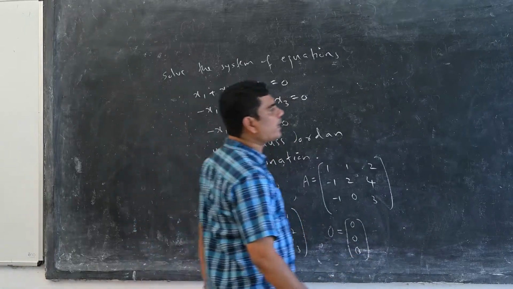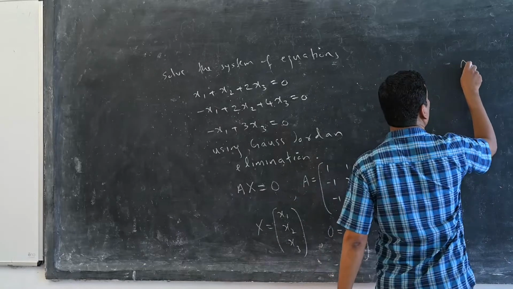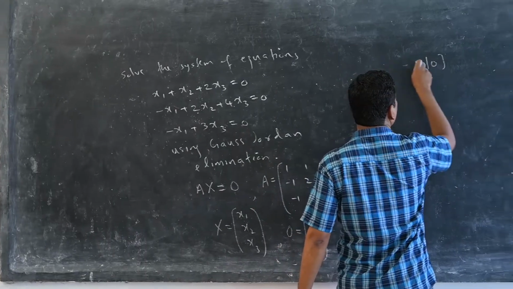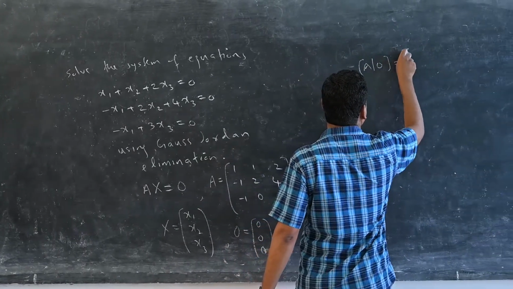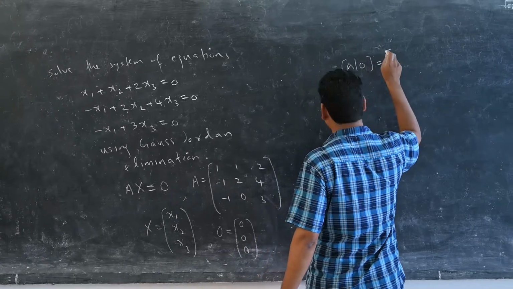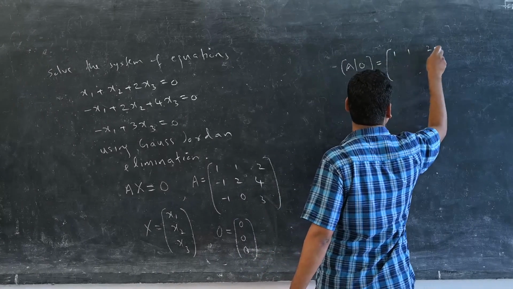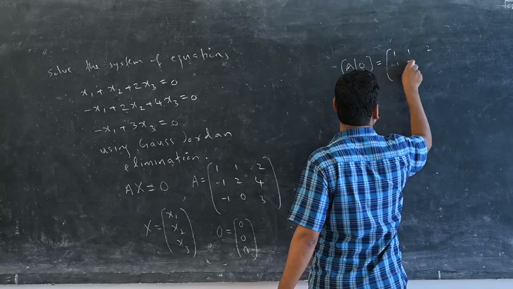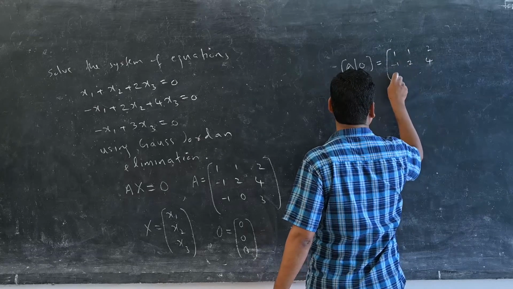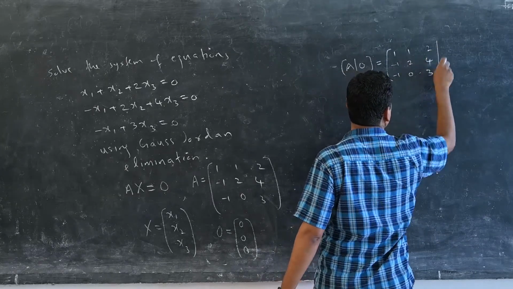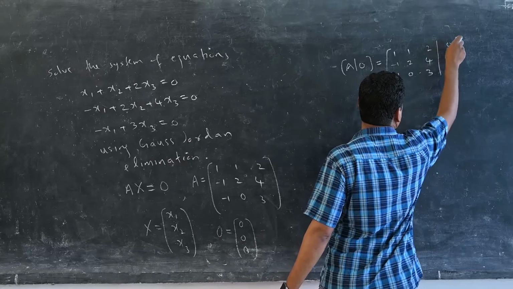Now the augmented matrix A0 is equal to 1, 1, 2, minus 1, 2, 4, minus 1, 0, 3, 0, 0, 0.